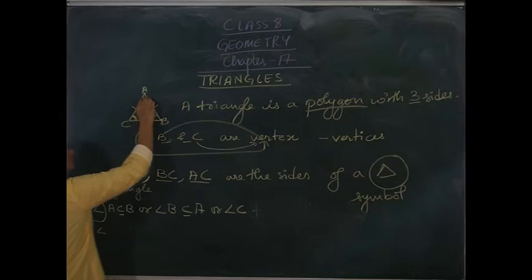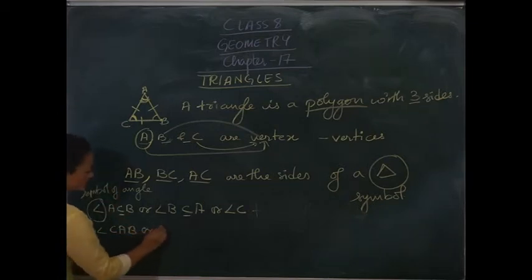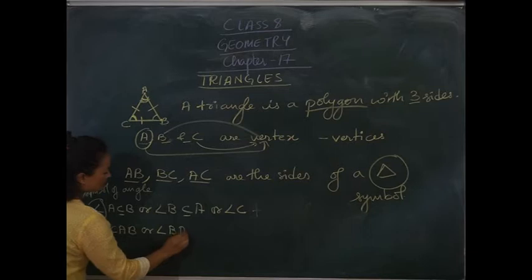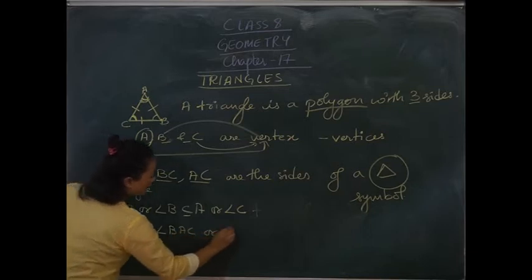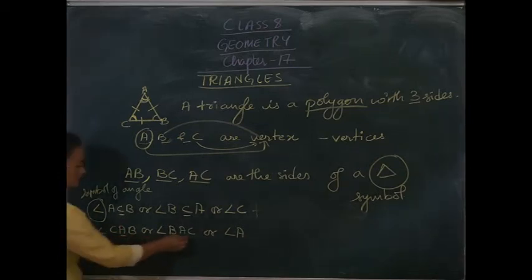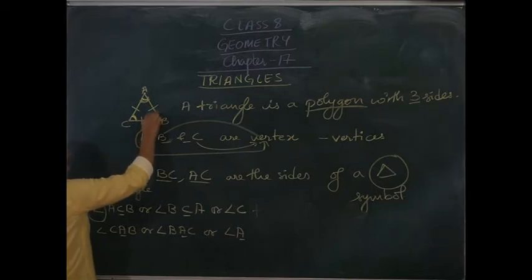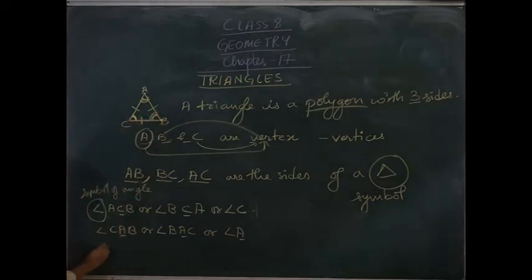Then you have another angle. If I am naming this angle, how do I name it? Angle CAB or angle BAC or angle A. Okay, this is how we name an angle. What has to be in between? The vertex has to be in between. And the third one, if I am naming this angle, then how would I write it?